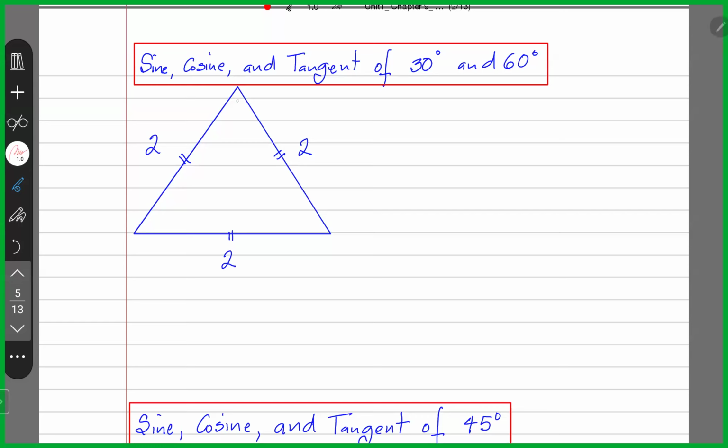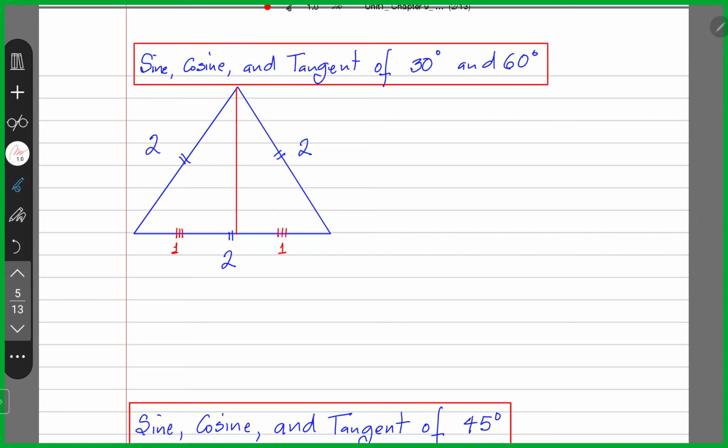Now, a line drawn from the apex of an equilateral triangle and also an isosceles triangle to the middle of the base, a line from the apex to the middle of the base. So it cuts the base into 2 equal halves. So now over this side is 1 unit and this side is 1 unit.